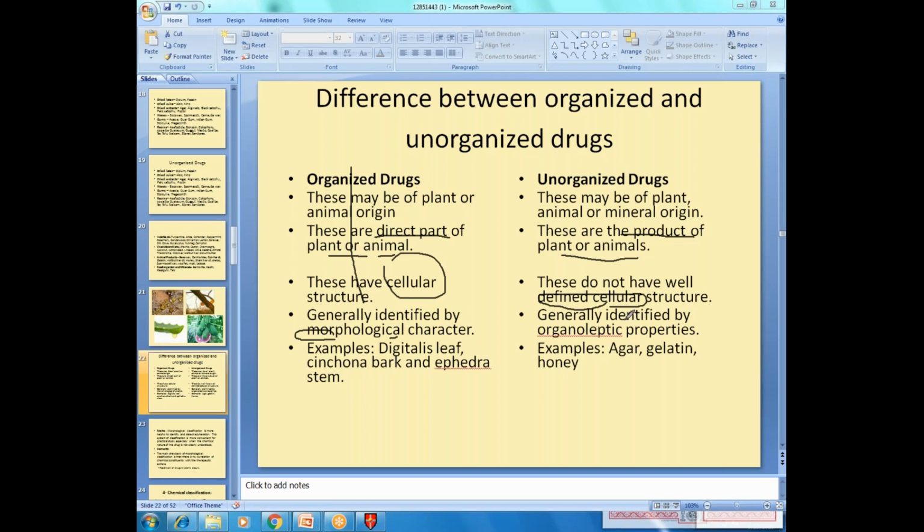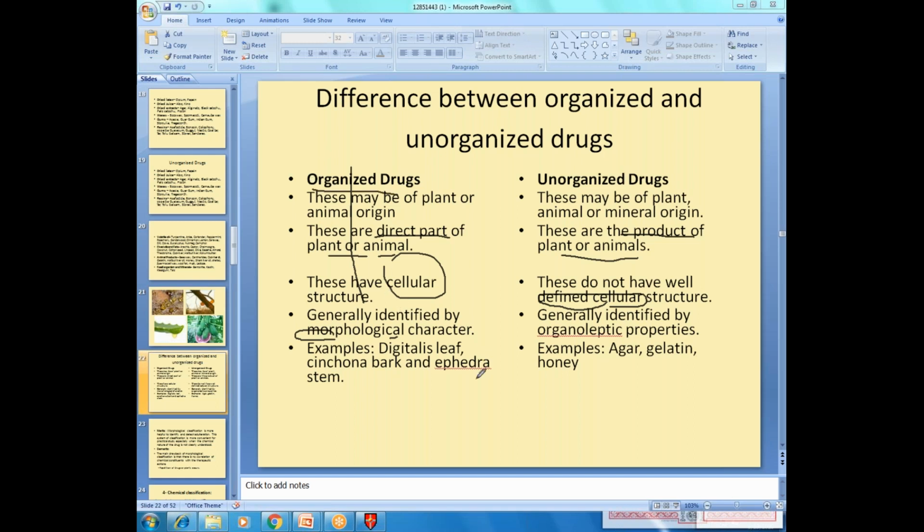Organoleptic means color, odor, taste, and very important is the chemical test. Whereas organized drugs can be identified through microscopy, unorganized cannot.